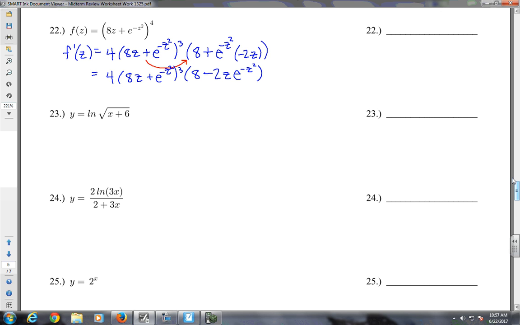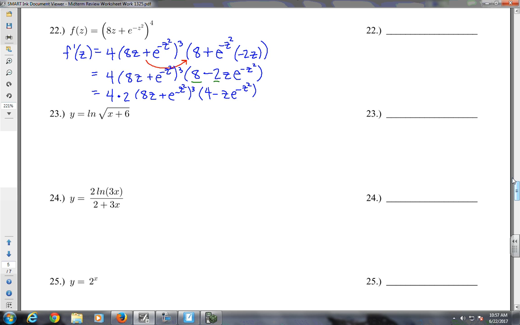Now, we have differentiated it, but it's not completely factored. Notice here we have a greatest common factor of 2. So we could take out one more common factor here, and I'm going to move it all the way over here to the left with my little constant multipliers. This one's just hanging out, being patient. And dividing each of these terms by 2, we have 4 minus z e to the negative z squared.